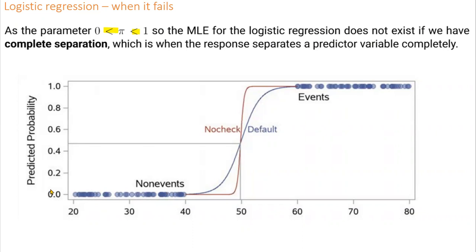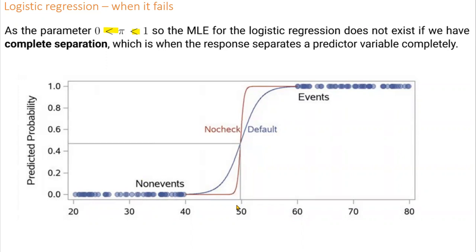Here is an example. So X and predicted probability, here's your observation. For low values of X, you've got zeros. Where you've got high values of X, ones, but there's no overlap. So it's quite clear we can pick any threshold between here and here, put a straight line down there and say anything to the left must be 0 probability, anything to the right must be probability of 1.